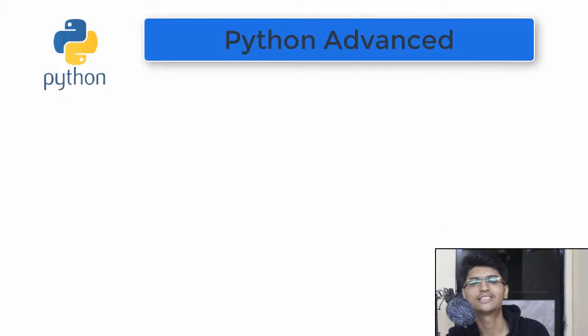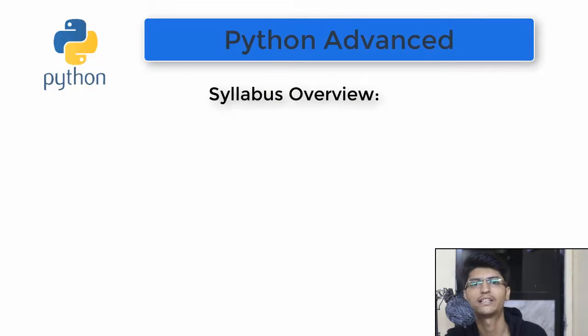Okay, so this is the video of the Python advanced course overview. And if you have already seen the Python basic course, then you might be thinking that I have already discussed the syllabus before, right? But why am I doing that again? Because you might have already seen the title of the video, that this is the syllabus overview of the Python advanced course. But I had already done it in my very first video on the Python basic course, right? Why again? So I have made a few changes in the Python advanced course.